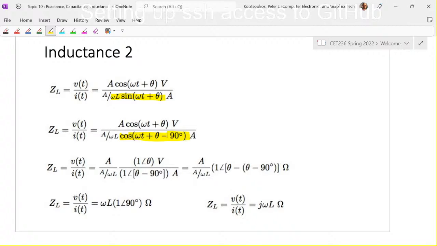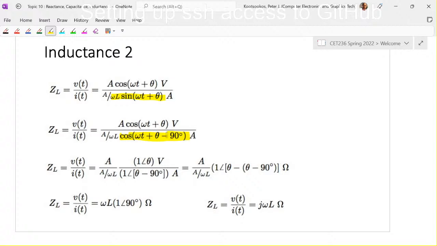Okay, it's still there in front of the L. But the thing is, if the circuit we're using is running at omega t, everything is running at omega t. So the only reason we need to know omega is to calculate ZC and ZL.